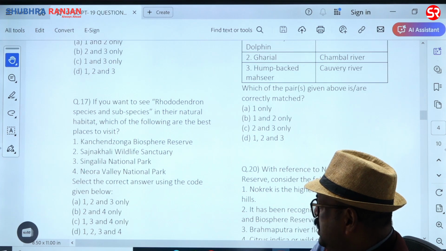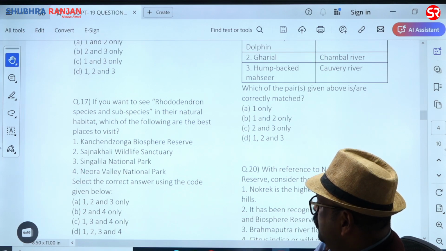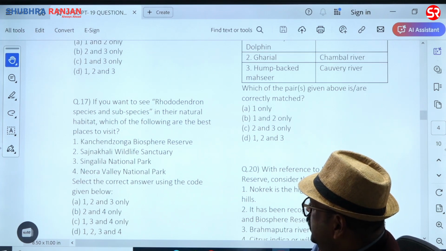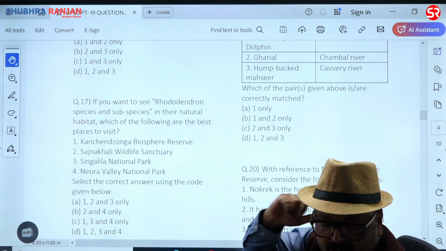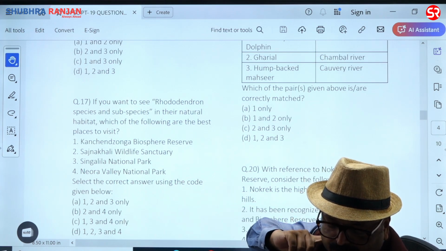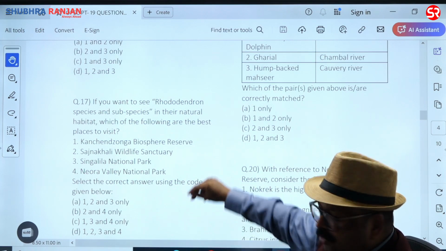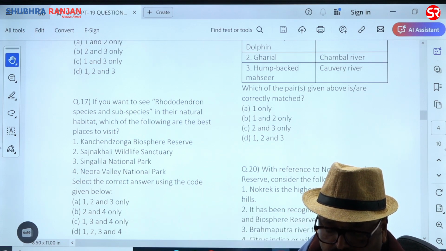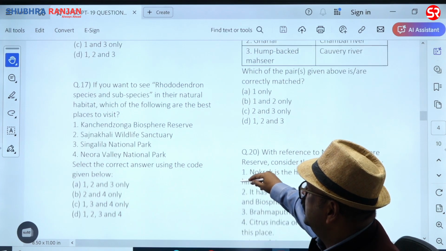Yes, Singalila and Neora Valley. But Sajnakhali Wildlife Sanctuary, you are not going to get rhododendron over there. But yes, 1, 2 and 4. In all these national parks and protected areas, we have rhododendron. Neora Valley National Park, Sorry, in Sikkim, you will find over there this rhododendron. Is it okay? Rhododendron, fine. So the answer is C, 1, 3 and 4.